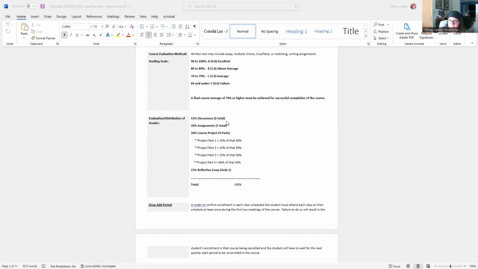There is the assignments category, right? So most weeks, actually half the term, you will have one assignment each week that falls under this category. There are 5 of them total. There's only 5. And they are worth 20% of your grade.